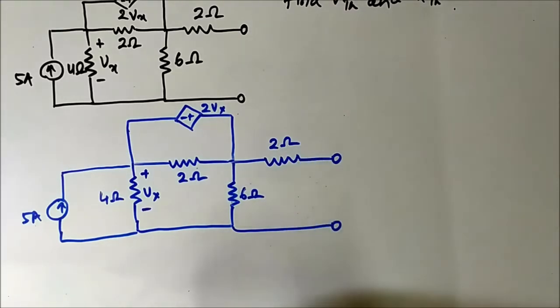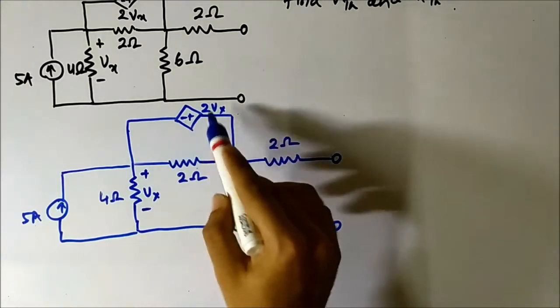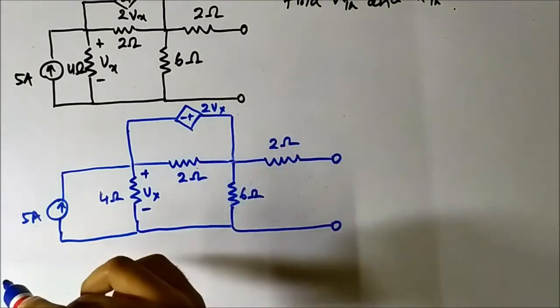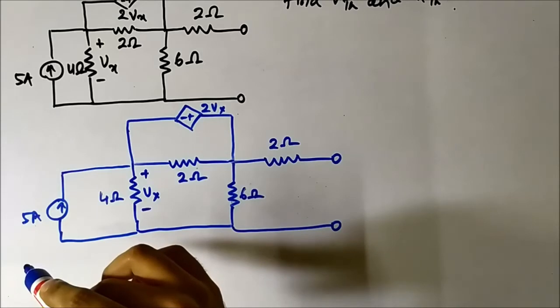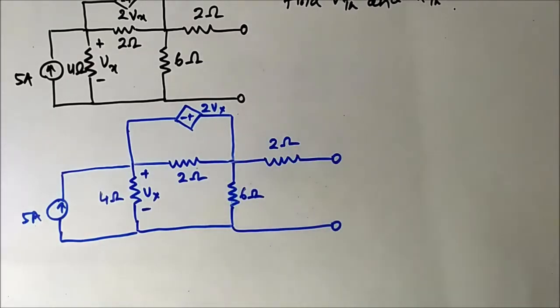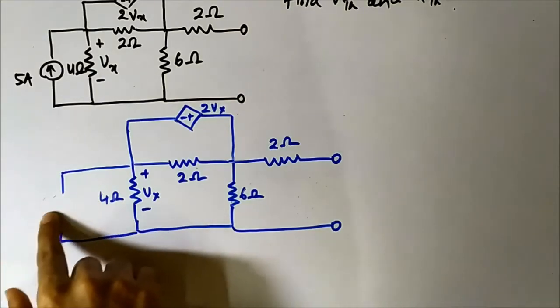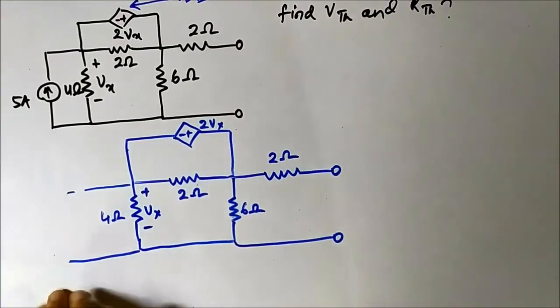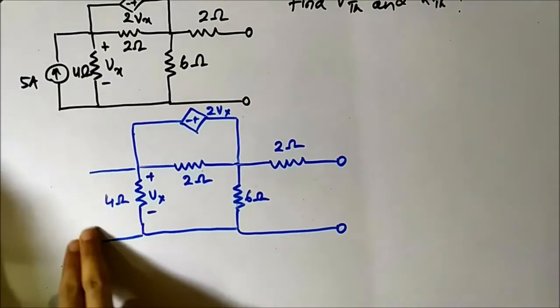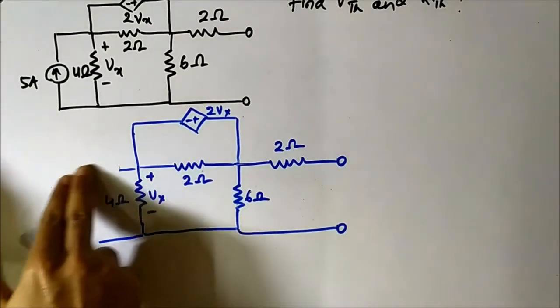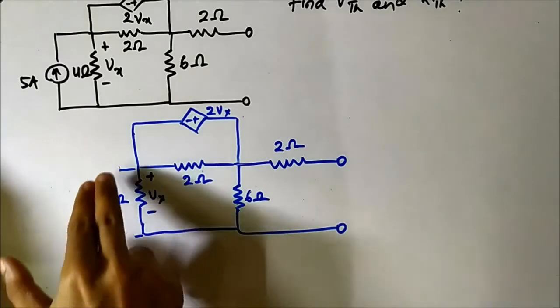But here the problem comes because of this dependent source. So here the first method is we will be deactivating the independent source. Here in this case it is the current source, we will be open circuiting it, so it will go out of this question.